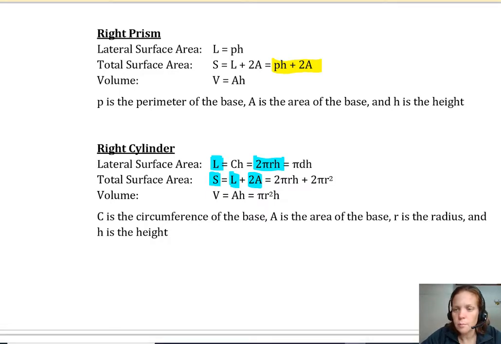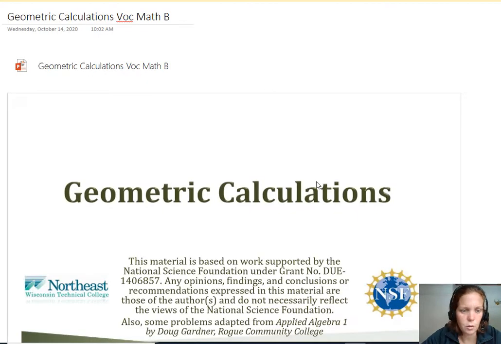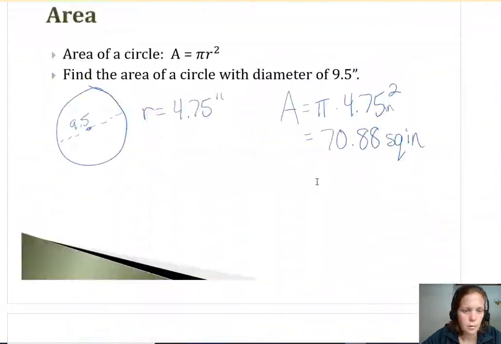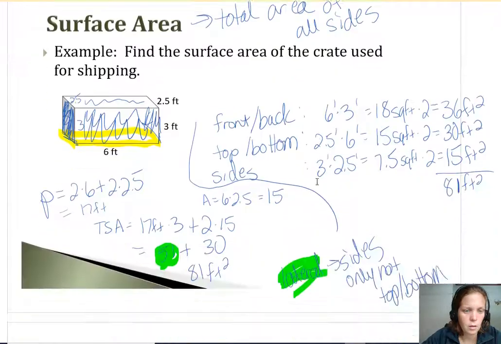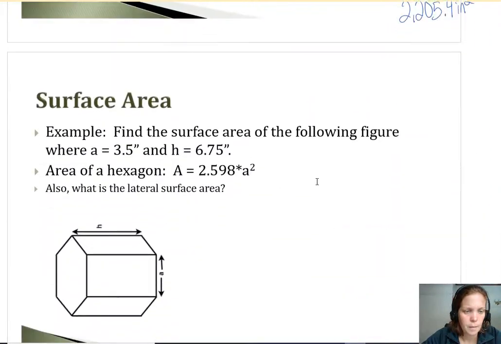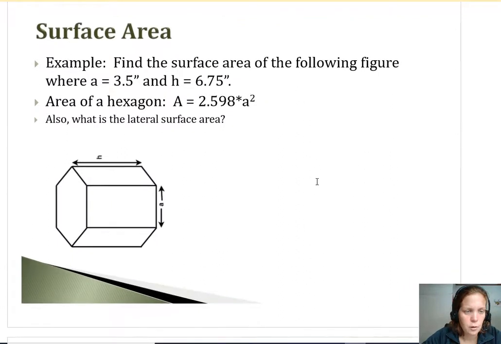Now one more. I'll do one more. Lost my spot. So this one is a hexagon. Find the surface area of the following figure where A is 3.5.